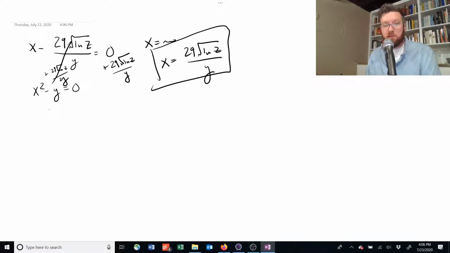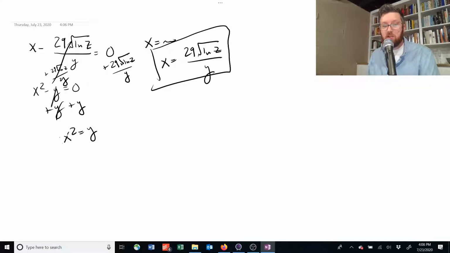Now for the next one, we're going to also start with the same approach, and we end up with these. We're going to add y to both sides. Those y's cancel out. We get x squared is equal to y. But now we can go a little bit further. We want x equal to something, not x squared equal to something.